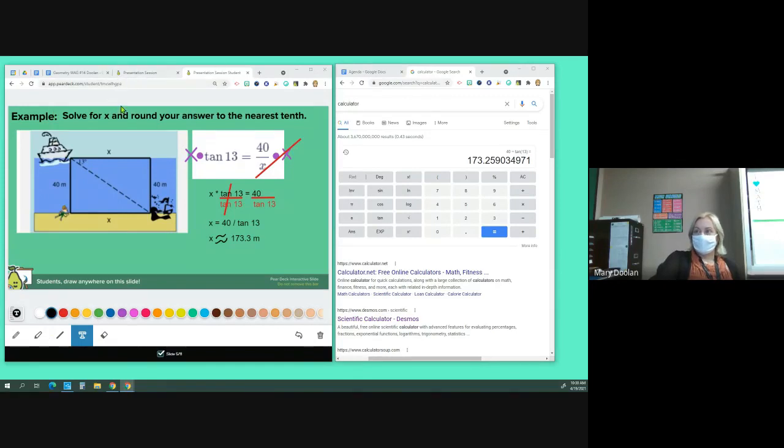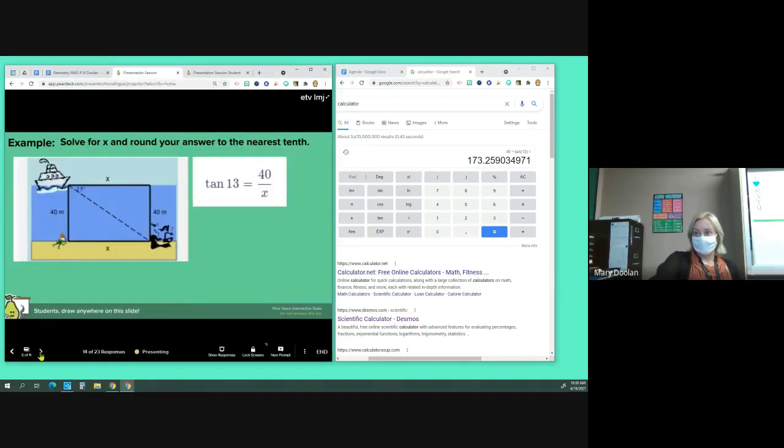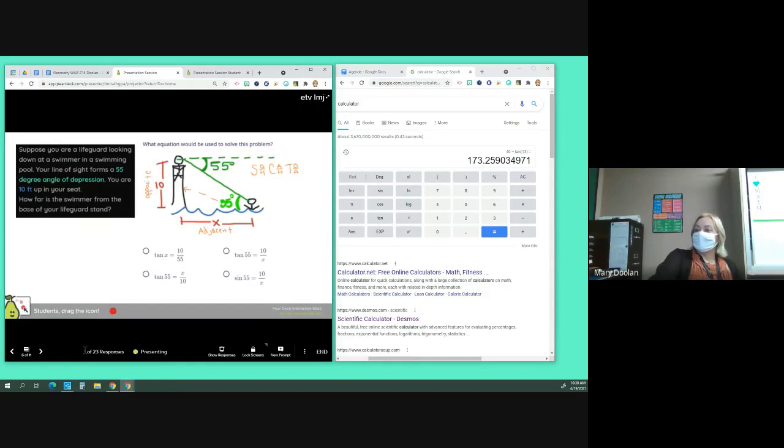I'm going to move you guys to the next slide. And if you didn't get finished copying that, I will put it back to that in a little bit here. So this is another drag the icon problem. And so we have a picture, a lovely picture here, and a description that says, suppose you are a lifeguard looking down at a swimmer in a swimming pool.